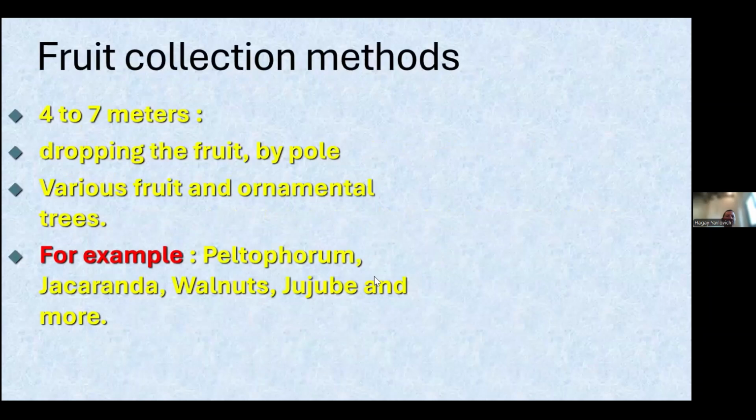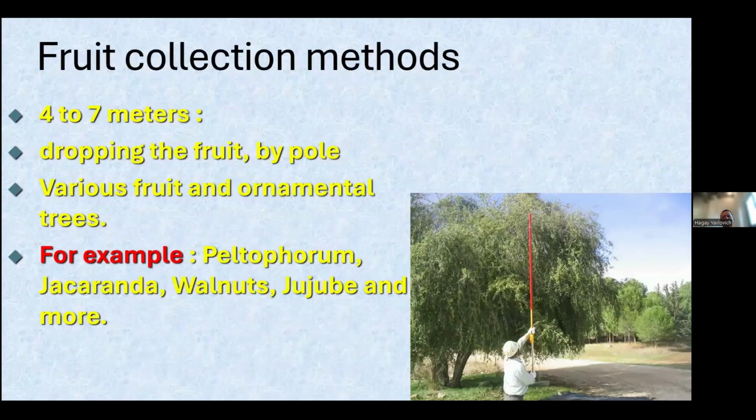And if we speak about 4 to 7 meters, what we are doing is just dropping the fruit by pole. I'm speaking about various fruit and ornamental trees, for example, jacaranda, walnut, jujube, and more.